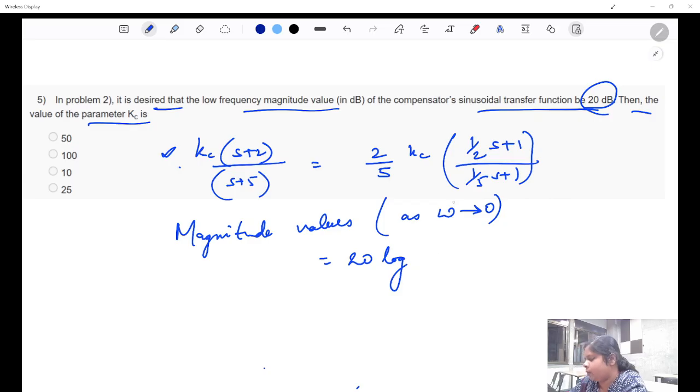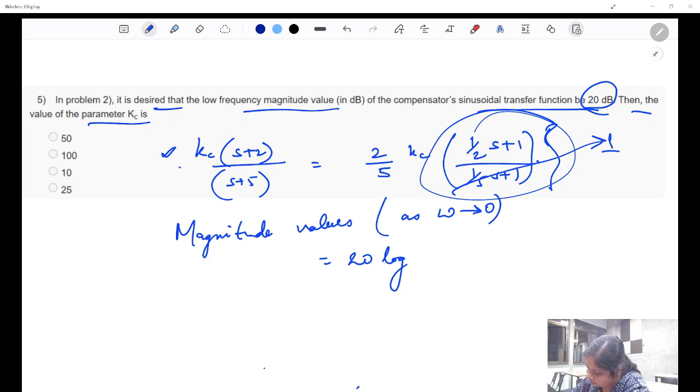If you put the value of omega to be 0 in this equation, what will happen? The complete term would become 1, and what would remain? 2 by 5 Kc. It is in dB, so it should be equal to 20 dB.